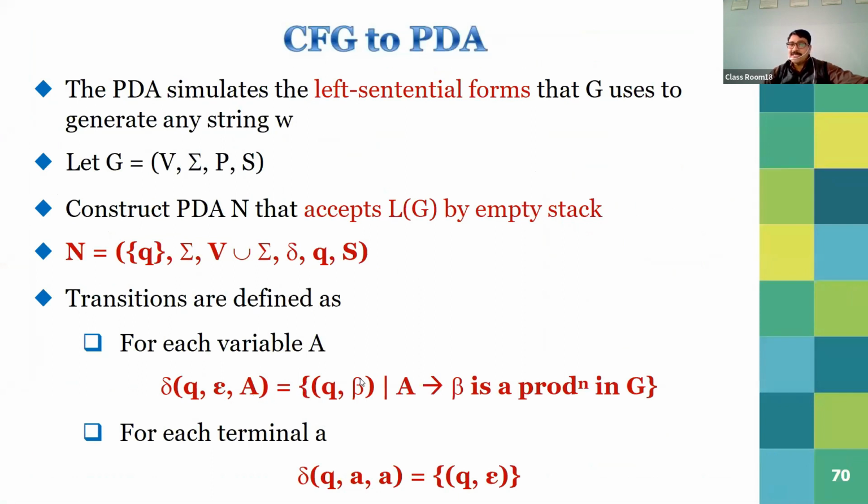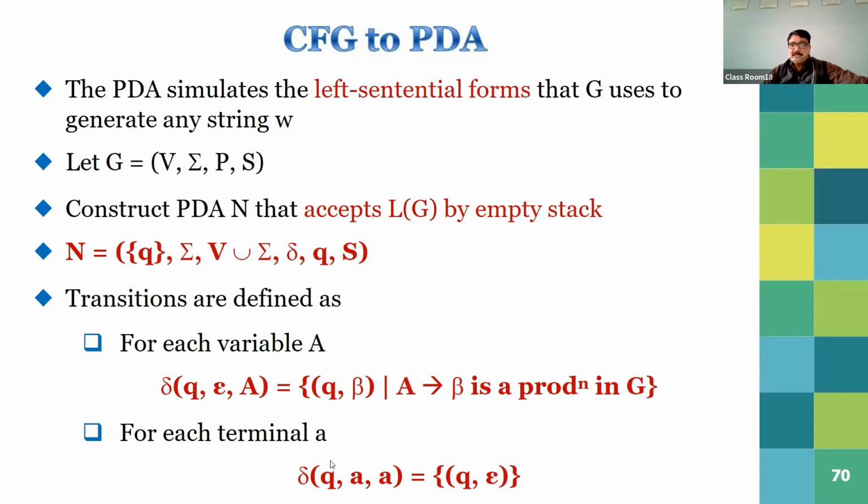And on the right hand side, you must write the productions that are produced by that variable, nothing else. In case of the terminal, you have to write the terminal in place of the input tape as well as in place of the stack side. In both cases, on the right hand side, you should write Q comma null.